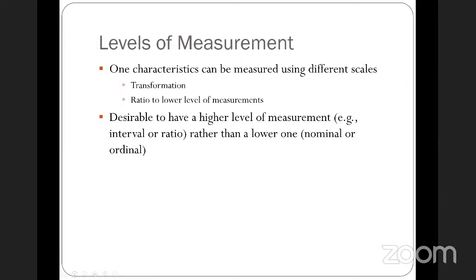Data measured using different scales could be transformed from a higher level to a lower level of measurement. You could desire to have a higher level of measurement rather than a lower one. Okay?